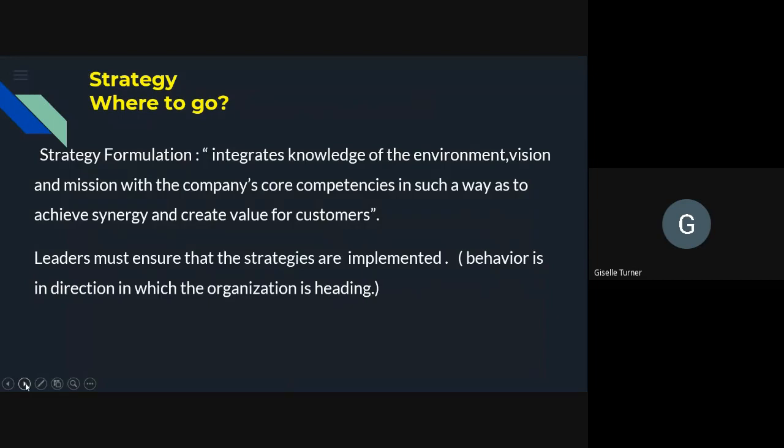So you want to be sure that the behavior of the employees is the behavior that you really want, because you want the behavior to be moving towards the direction in which the company is heading. So you don't want to be in a position that the workers are doing something that can cause a negative reaction for the organization. Next slide.